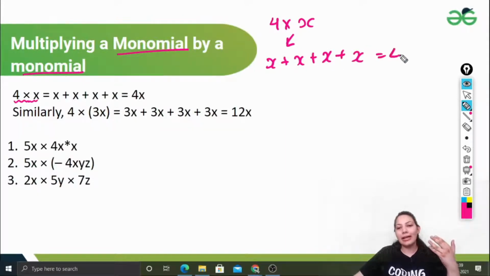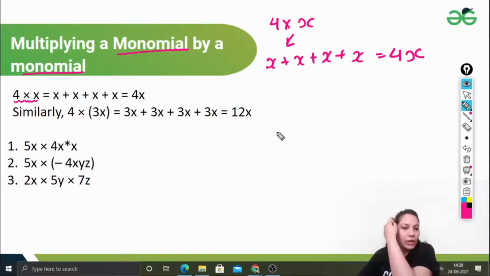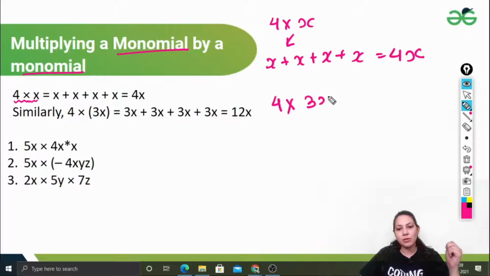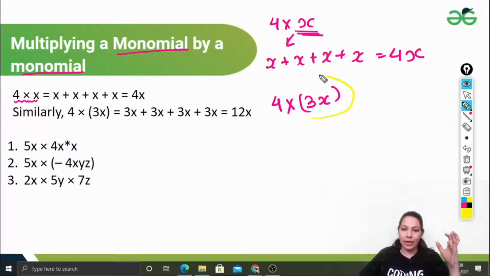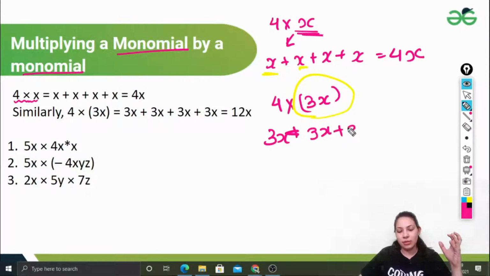So basically that is called 4x. Now if I write 4 into 3x, in place of x I write 3x. So 3x plus 3x, how many times? 4 times.